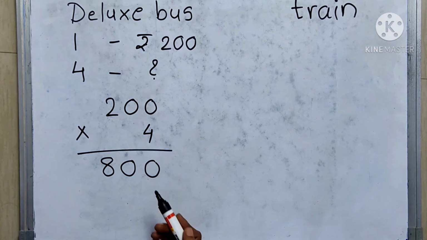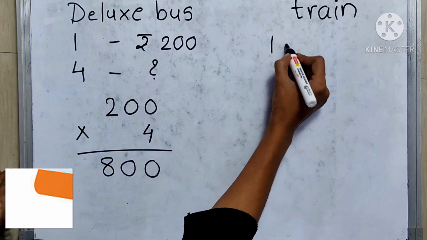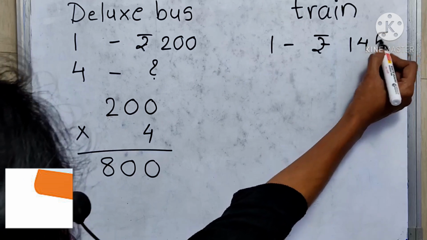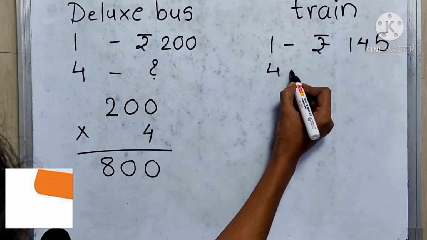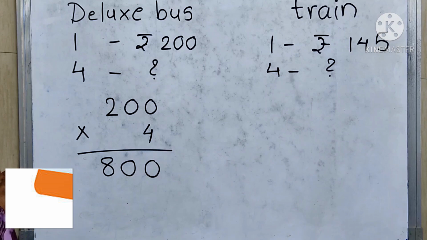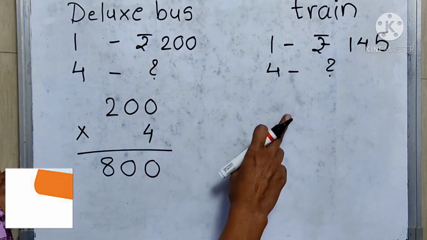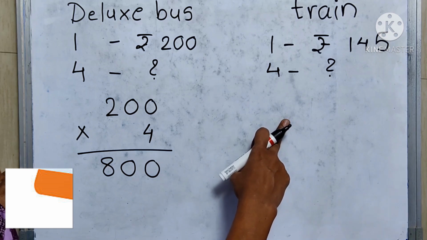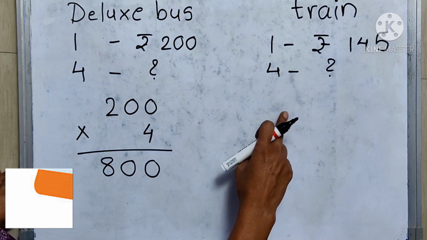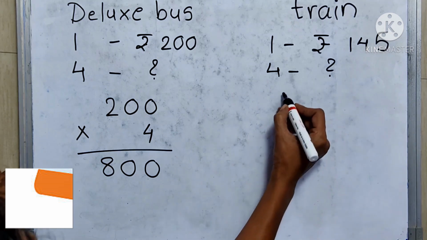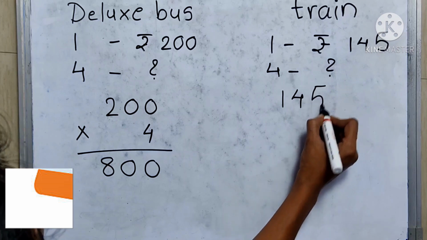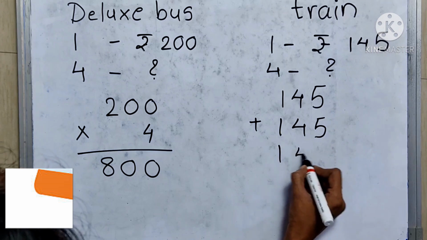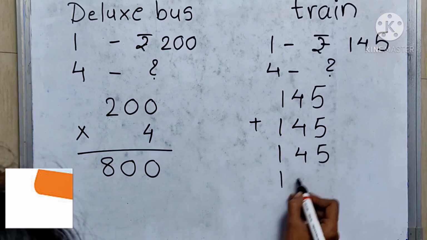Now we will find out the cost of train ticket. For one person, the ticket is 145 rupees. We have to find out for 4 persons. Now children, here you can use the repeated addition method, or you can use the box multiplication method also. I am using the repeated addition method. Add this 145 for 4 times, because we have to find out the cost of 4 tickets.